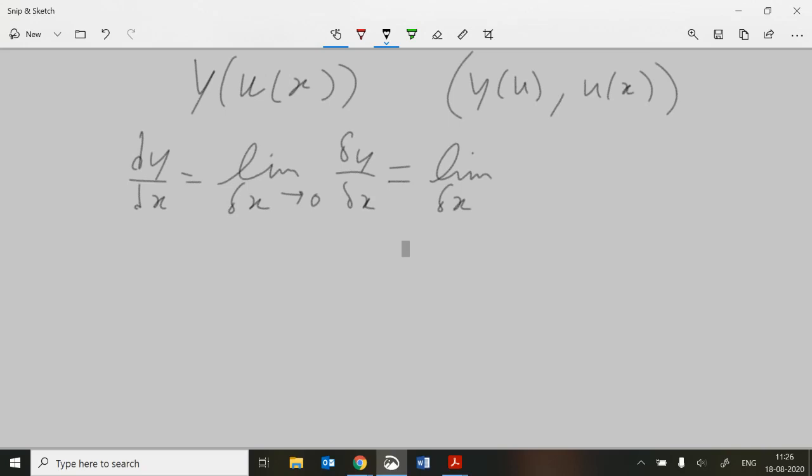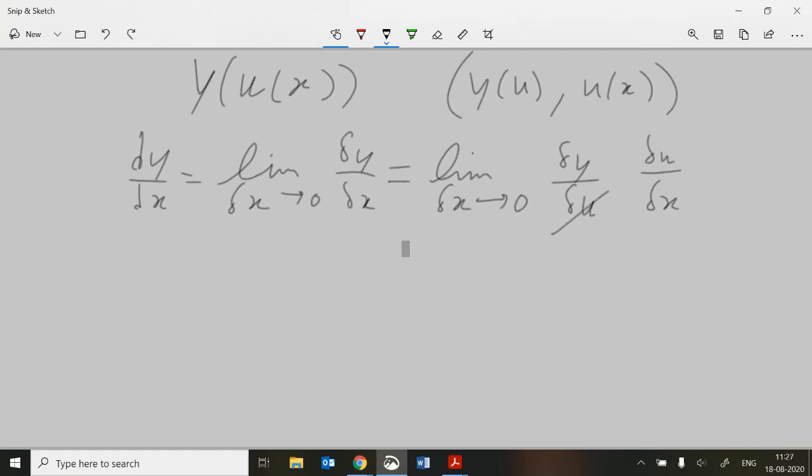Let's do delta y and delta x here. Now I can split this up because I'm not setting delta x equal to 0 here, I'm only tending towards it, and this is a fraction. This is not a fraction, this is a definition. This is a fraction. So I can now put in delta u and delta u there.